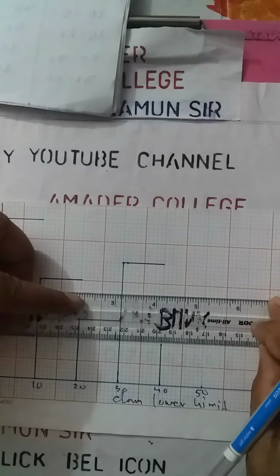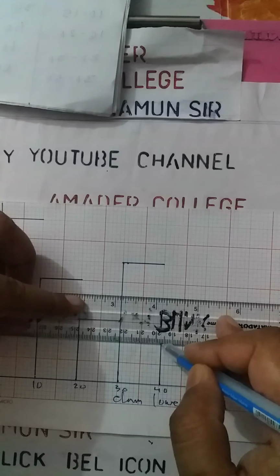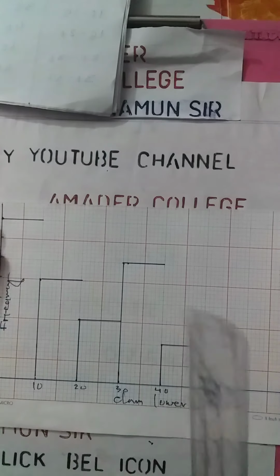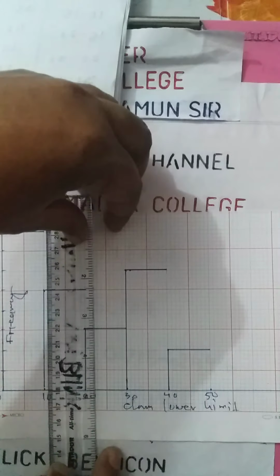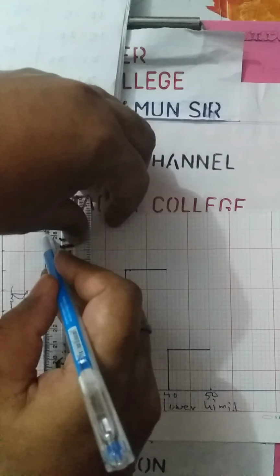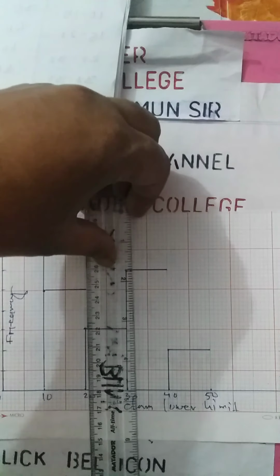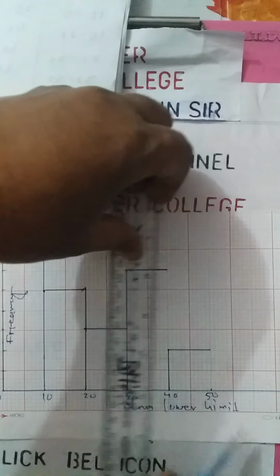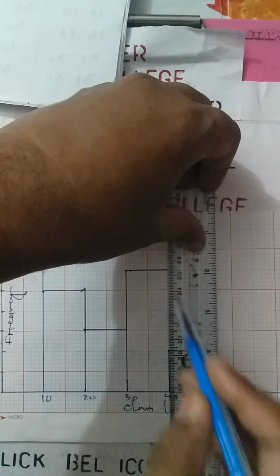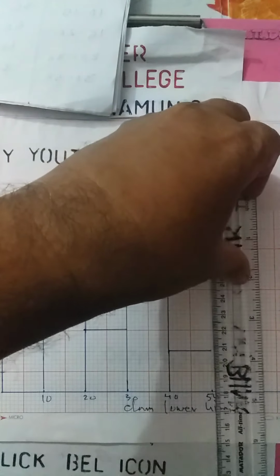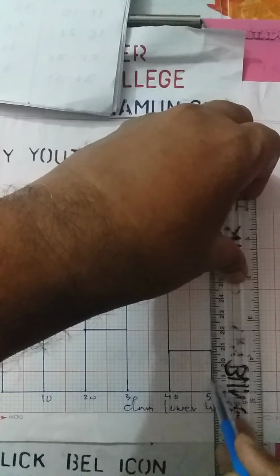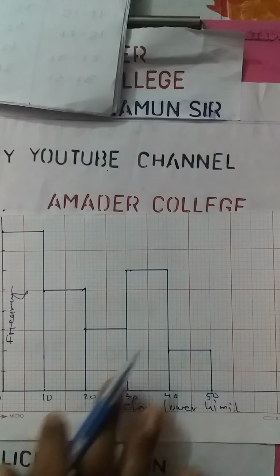The 40 to 50 last class, and at last, filling the gap. This is the gap, fill in the gap. Now finish drawing the histogram.